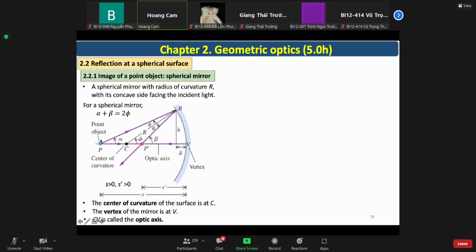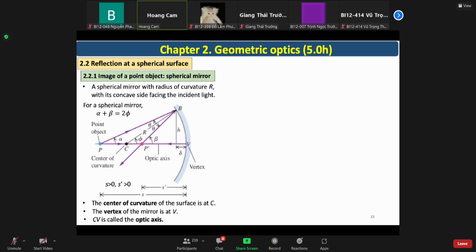And here in this case, we have the point object located here. In order to find its image, you need at least 2 outgoing rays, as I mentioned several times already in this lecture.